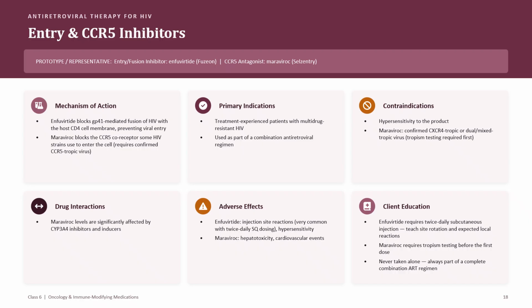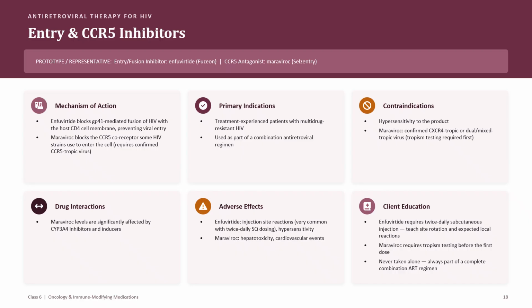And this class of medications, the entry and CCR5 inhibitors, are supposed to stop that from happening. The medication Enfuvirtide blocks the fusion process itself. It's like jamming that docking mechanism that the virus uses to get inside the cell.